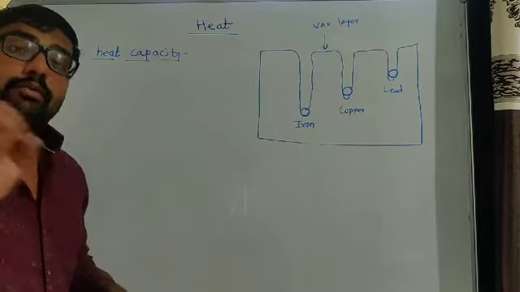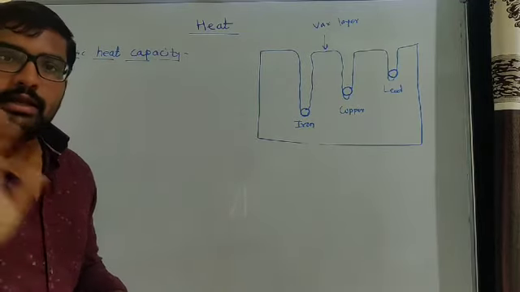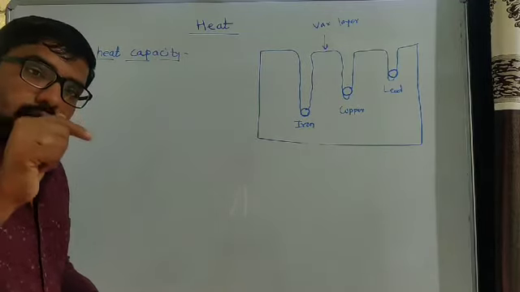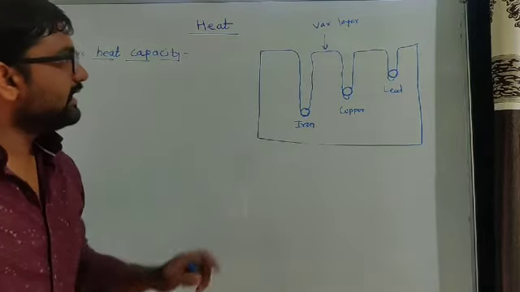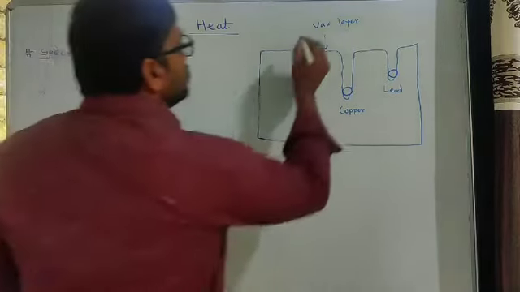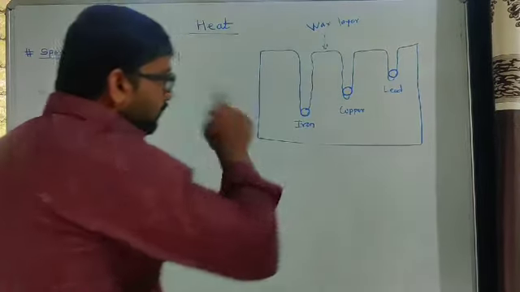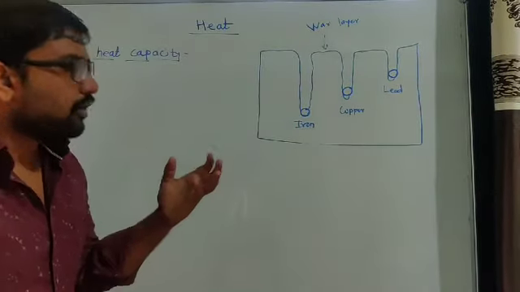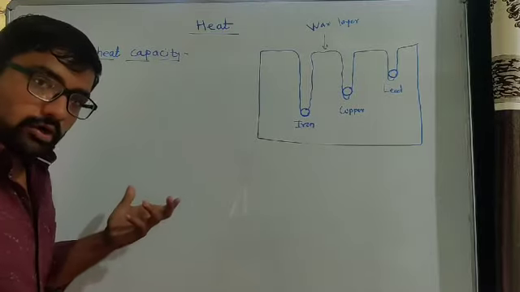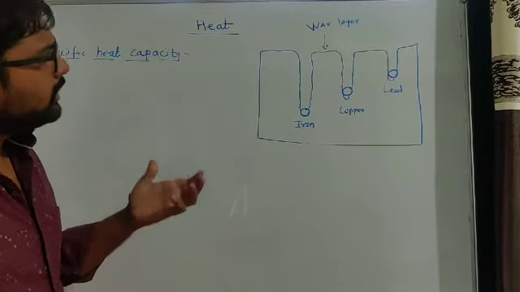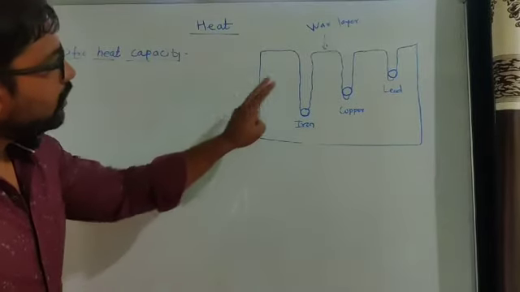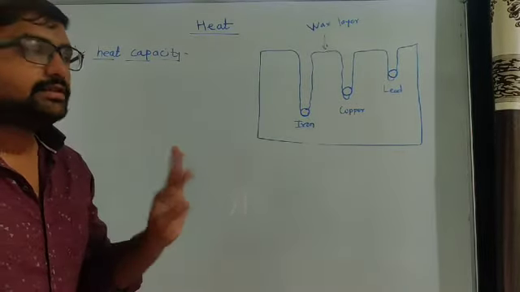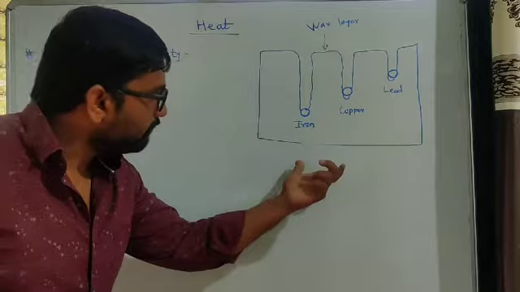That ball will go to the lowest point in the wax layer, which absorbs more heat from the water. But here we just have to put these three balls on the layer of wax and observe what happens here.